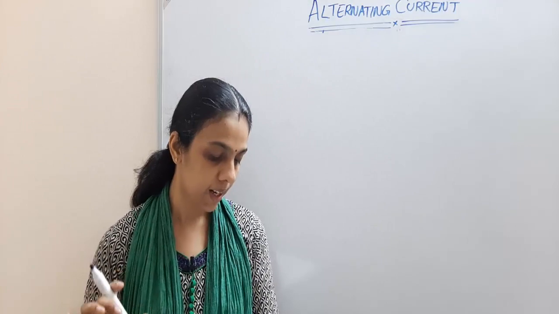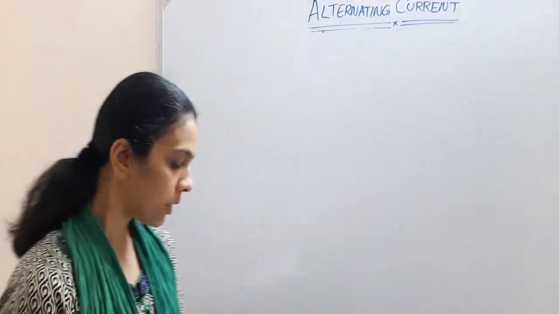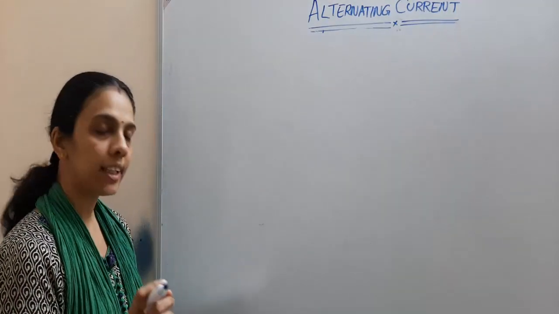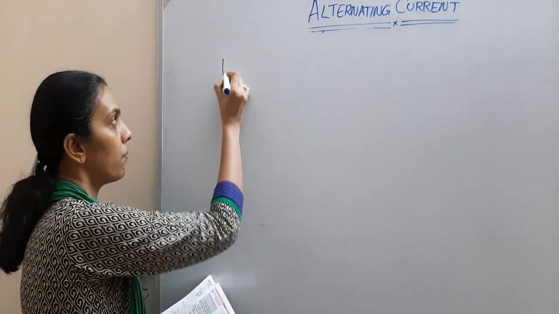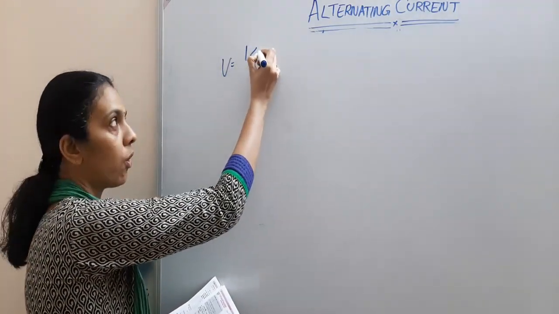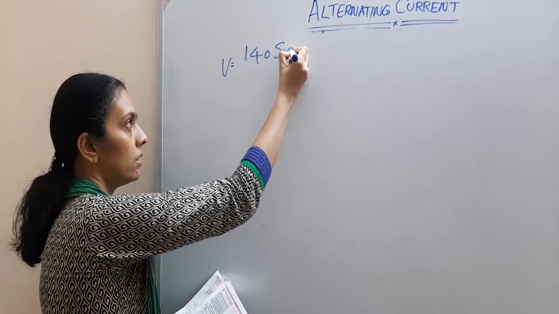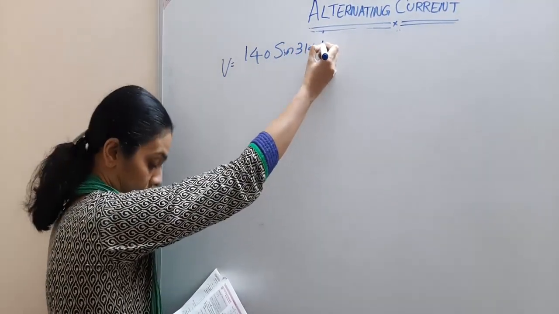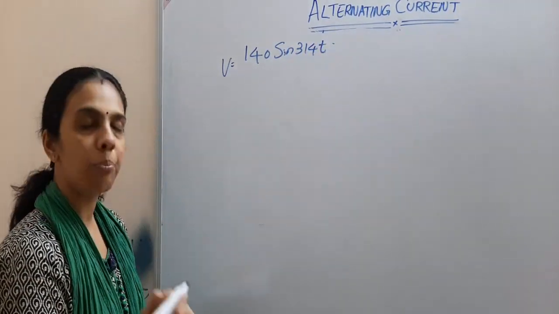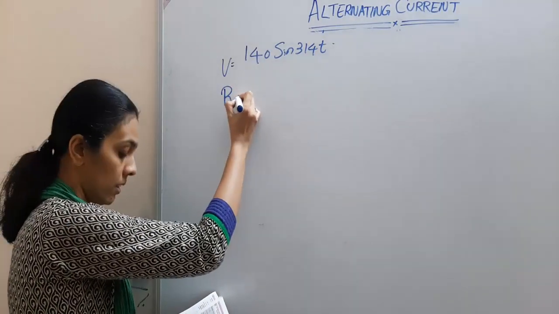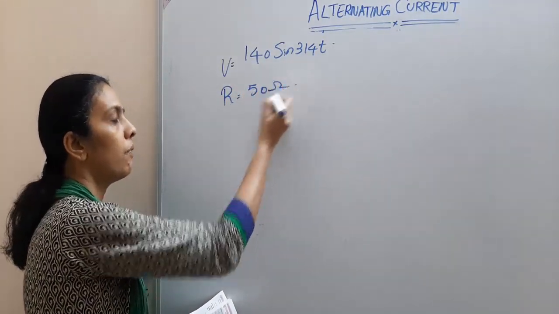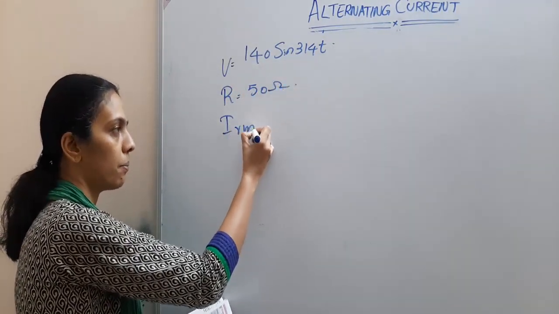Find the RMS current through the resistor. We need to find IRMS.